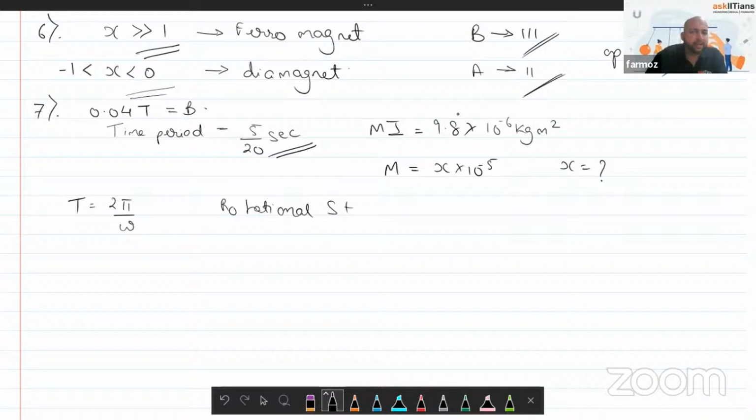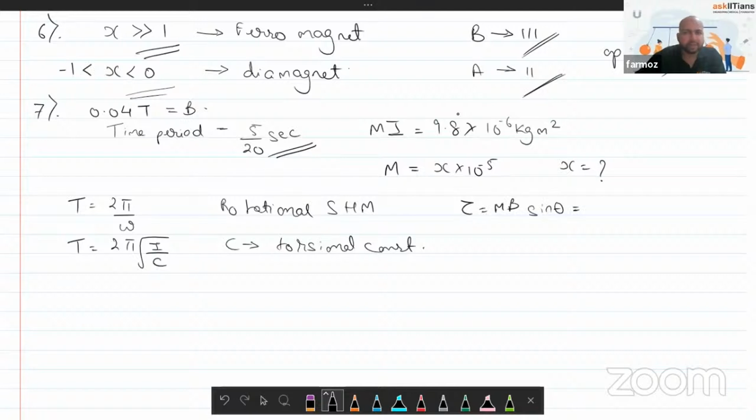Now if you observe in rotational SHM, we also had that condition that time period can be given as 2 pi root of... omega square is equal to k by m, or instead of k, I'll be writing c, and instead of m, I'll be writing I. So I by c, where c is called the torsional constant. Now, if you try to compare this equation, can I write torque is nothing but mB sine theta, or it is equal to c theta?